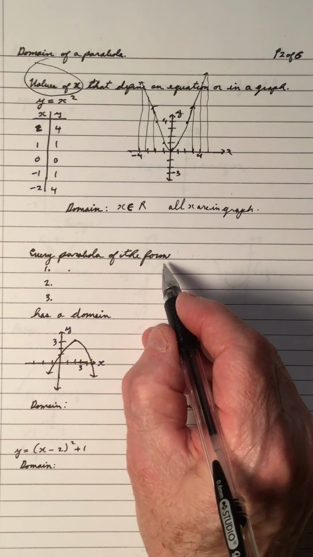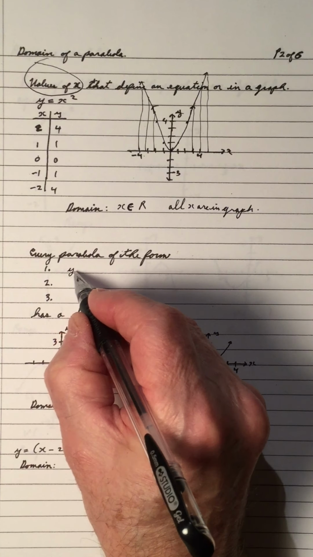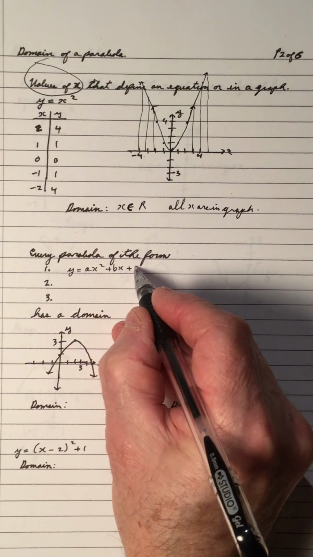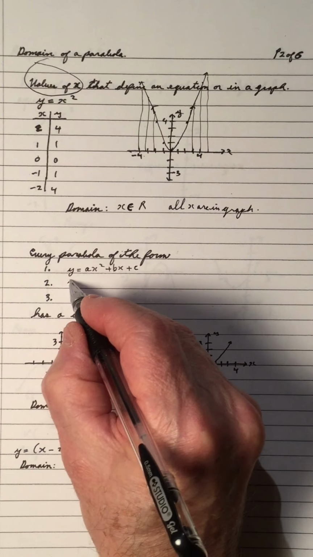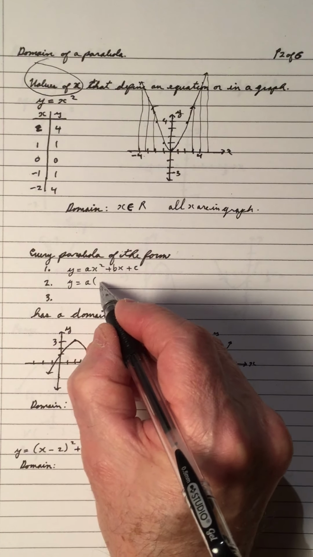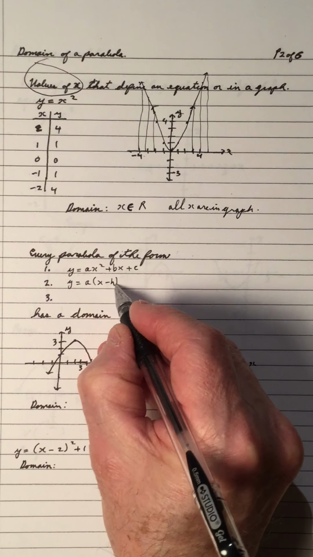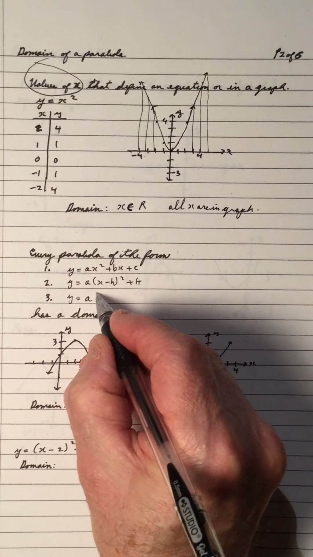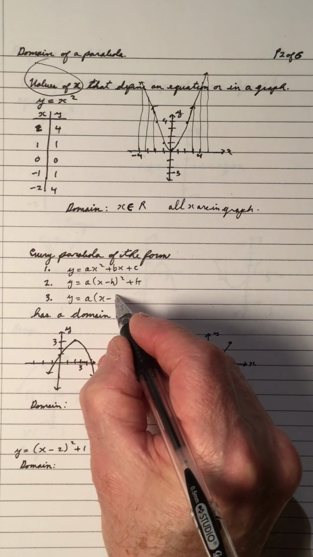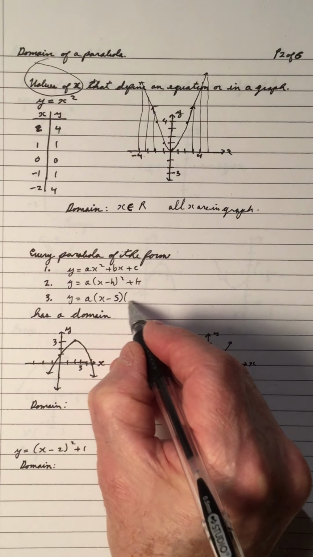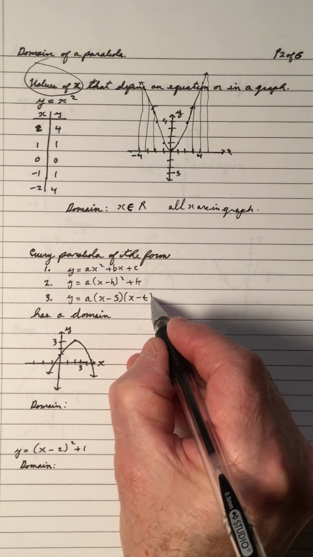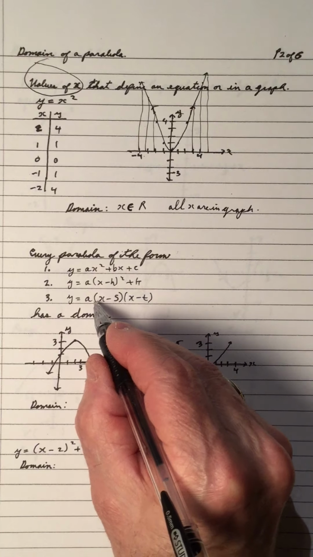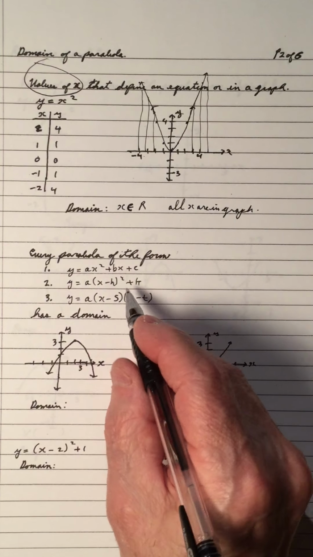Every parabola of the form y equals ax squared plus bx plus c, standard form. All parabolas written as y equals a(x minus h) squared plus k. All parabolas written as y equals a(x minus s)(x minus t). So this is standard form, this is vertex form, this is intercept form.